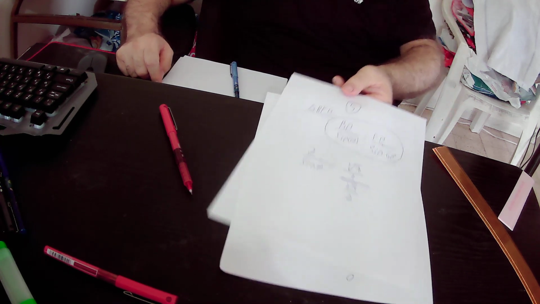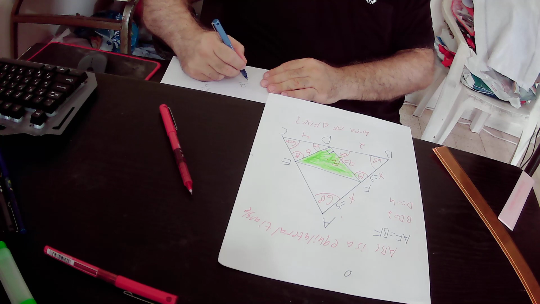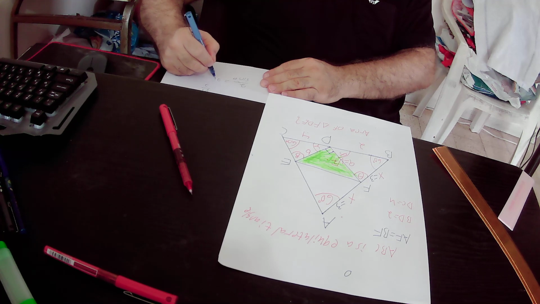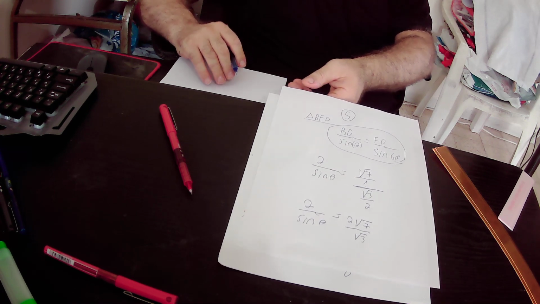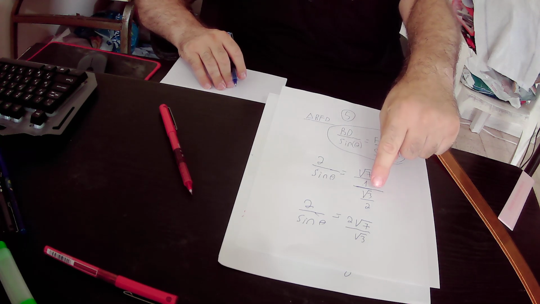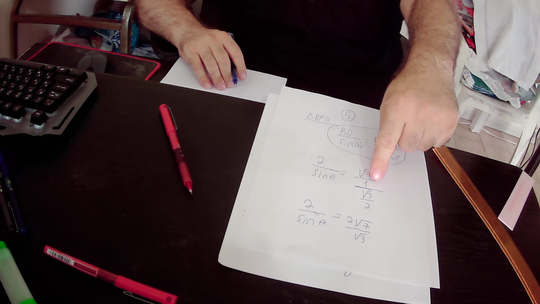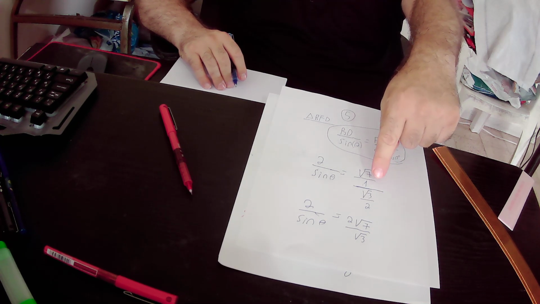We will get that 2 over sine theta equals 2 times root 7 over root 3.